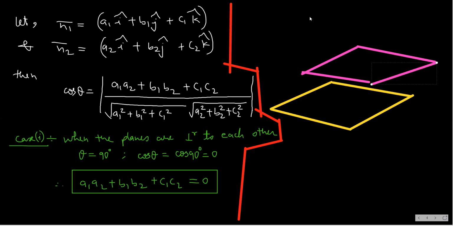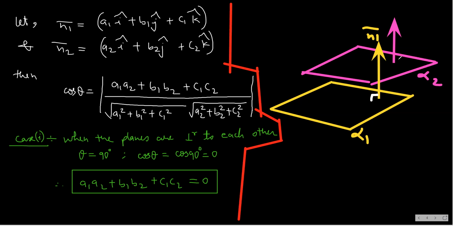Now, if the planes are parallel to each other, look at the normal to this plane, and look at the normal to this plane. What do you notice? If the planes are parallel to each other, the normals are also parallel. If I have this plane as alpha 1 plane, this is n1 bar, which is perpendicular to plane alpha 1.